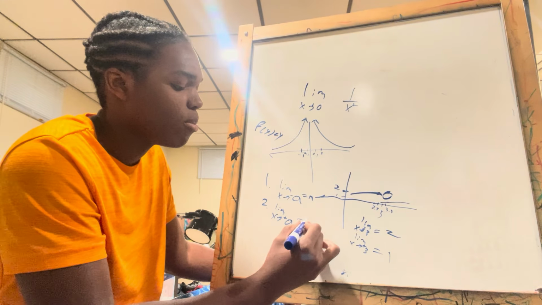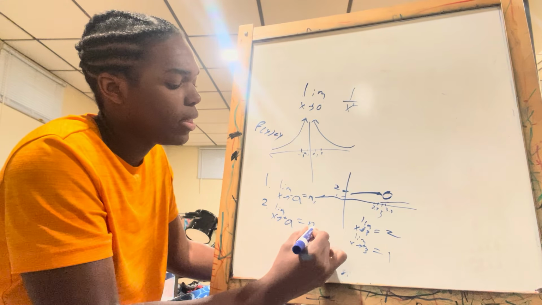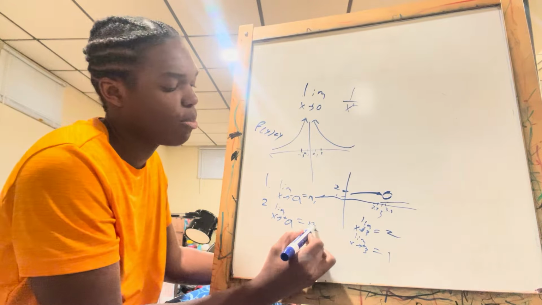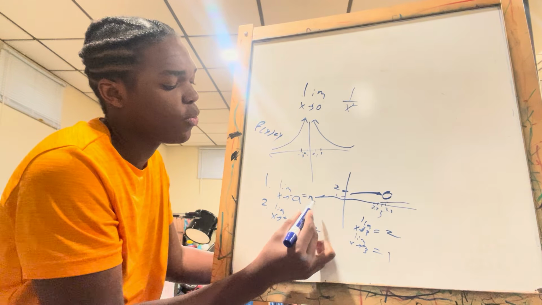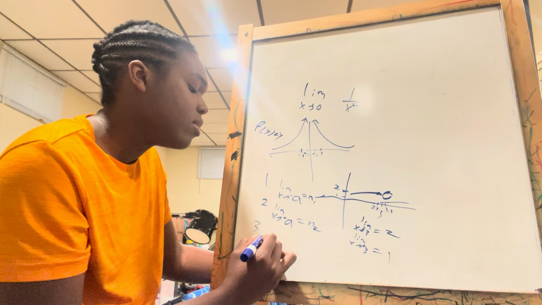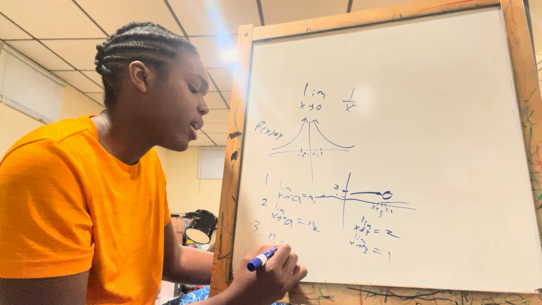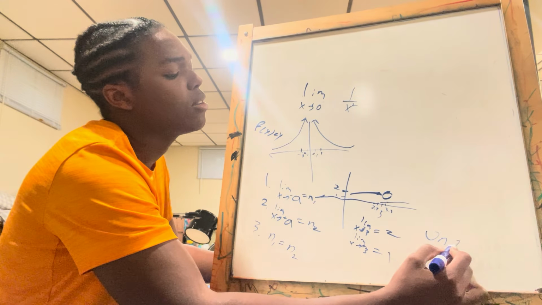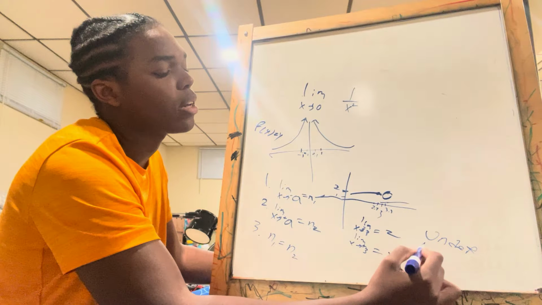So it also has to equal some number. They just have to equal some number, which is why I'm going to put a subscript of 1 here and a subscript of 2 here. Now, the important part is the first number has to equal the second number. So in this case, this doesn't have a limit, or does not exist, actually.